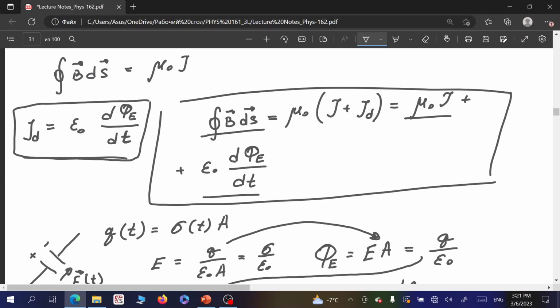We also don't have any charges in this. So when we specify free space, that means free of any charges also, not only some medium.